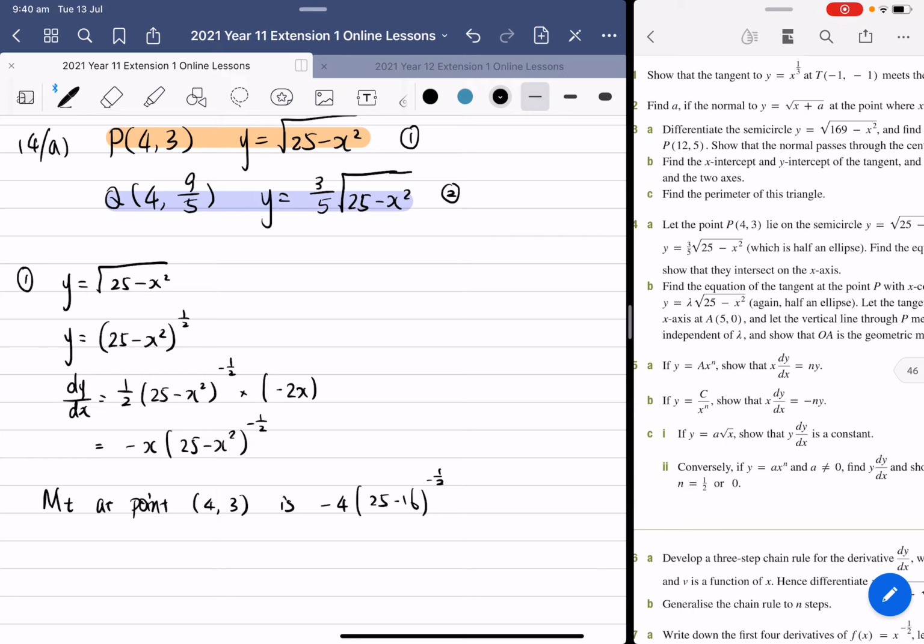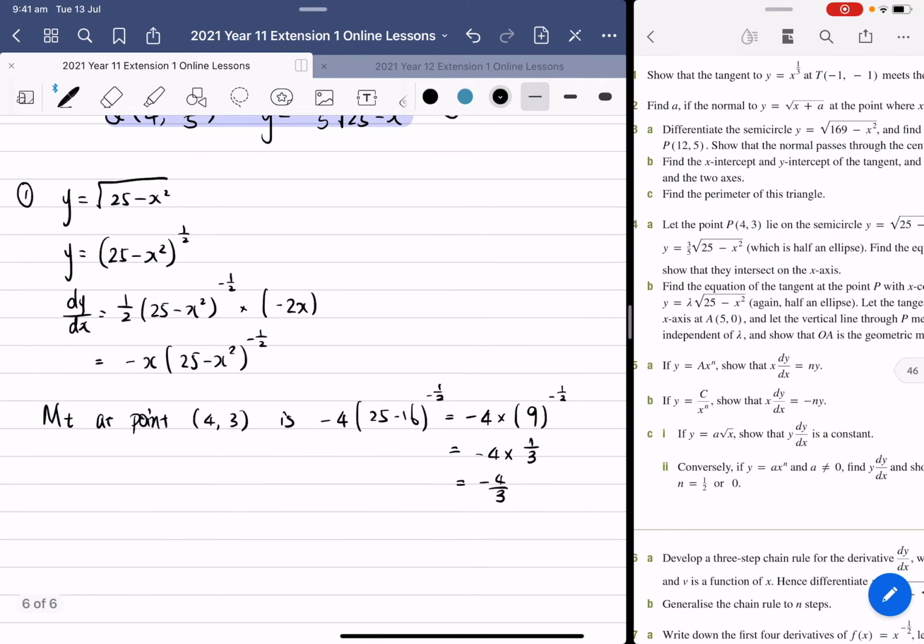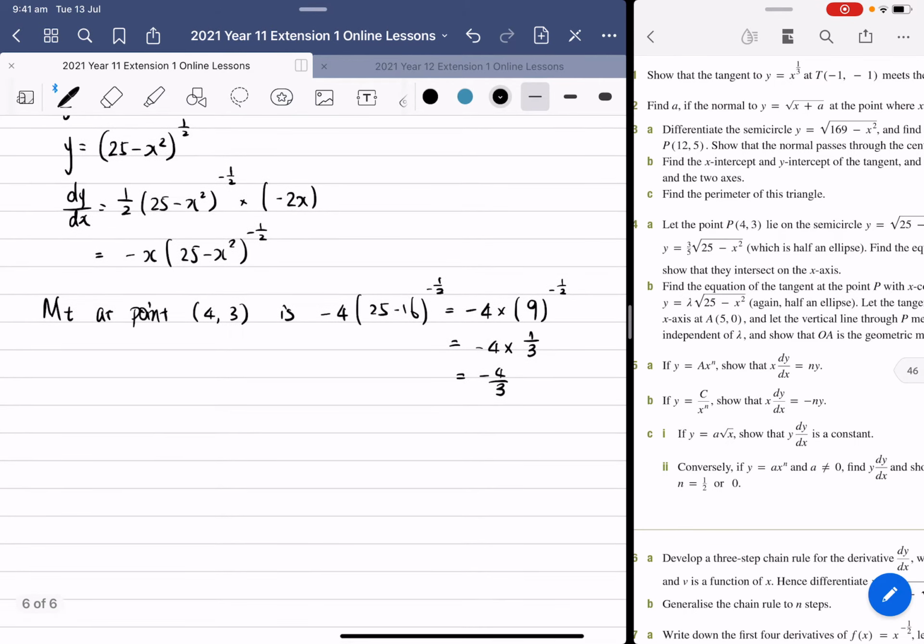I wish I had a calculator with me right now, but I don't. So that's minus 4 times 9 to the power of minus half. Negative means reciprocal, half means the square root, so that's 1/3. So the final answer is negative 4/3. Hope this is right. That is the gradient of the tangent at this point.